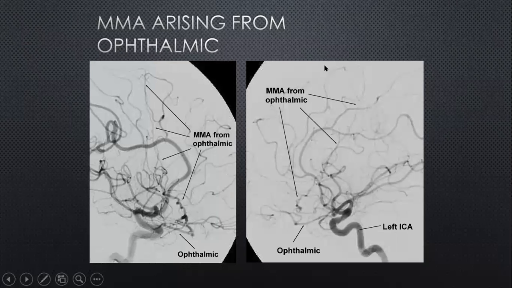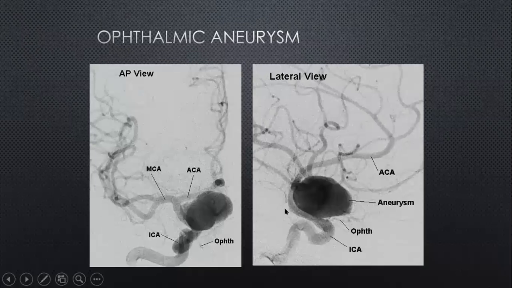This is an important concept to understand, because if you are embolizing a meningioma supplied by the middle meningeal artery, there may be a potential anastomosis with the other MMA origin, which is typically from the internal maxillary artery. And if you don't recognize this anastomosis, there is a potential that some of these particles can end up in the central retinal artery.